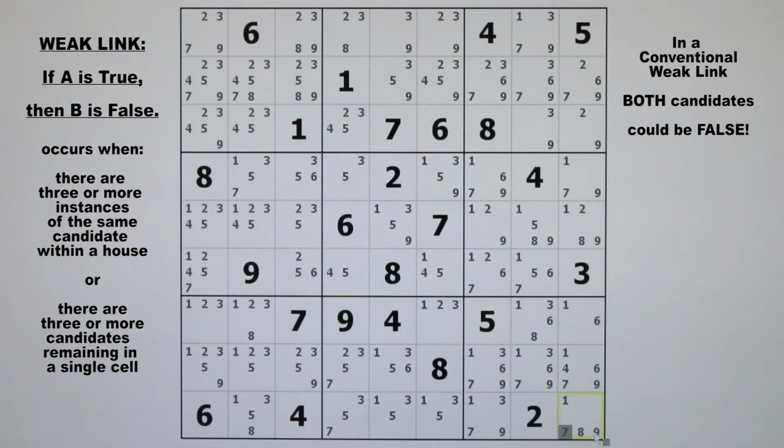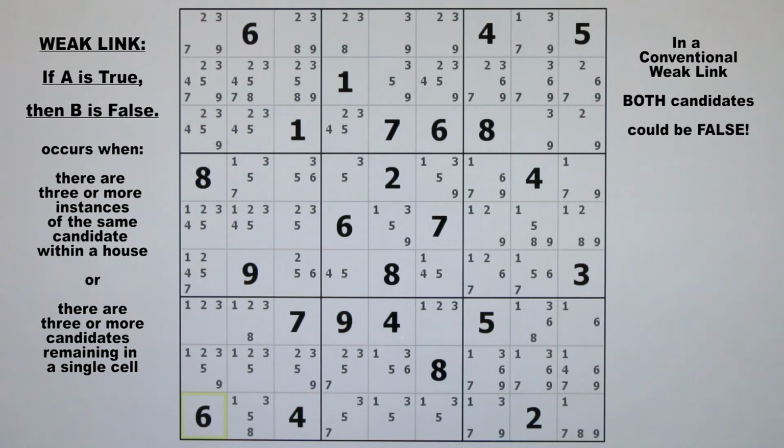If the 7 is true, the 9 is false. There's a weak link between those 2 candidates because there are 3 or more, here being 4. Here there are 6 candidates here. So between the 5 and the 3, there's a weak link. Between the 8 and the 2, there's a weak link. Between any 2 of those 6 candidates within that cell, there is a weak link.